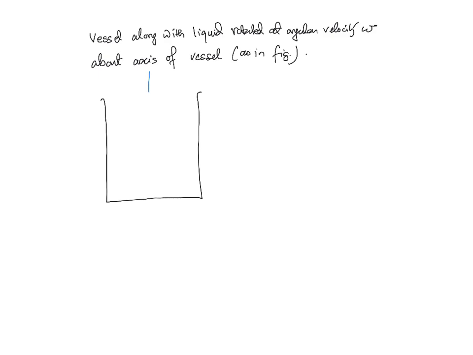This is the axis right through the middle, and it is rotated with an angular velocity omega in the following way. So the liquid takes a certain shape like this.